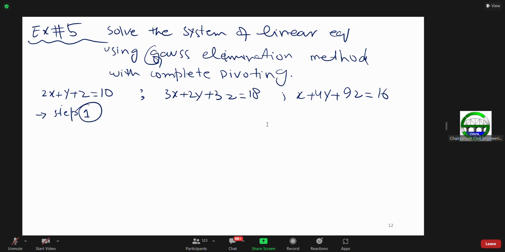In step one, you have to see which variable you solve first: x, then y, and then z.